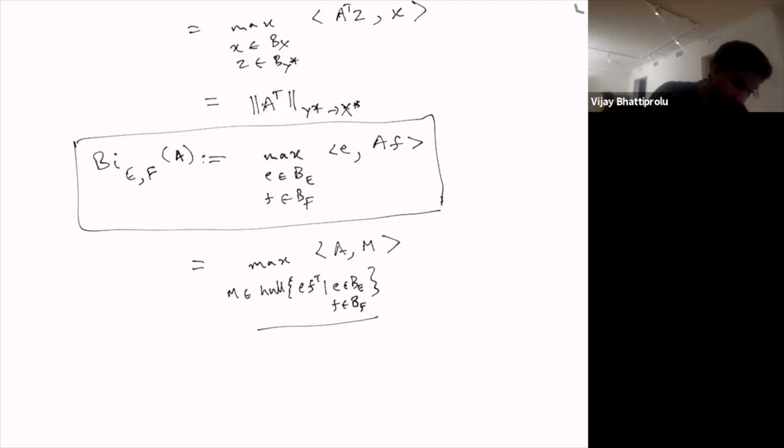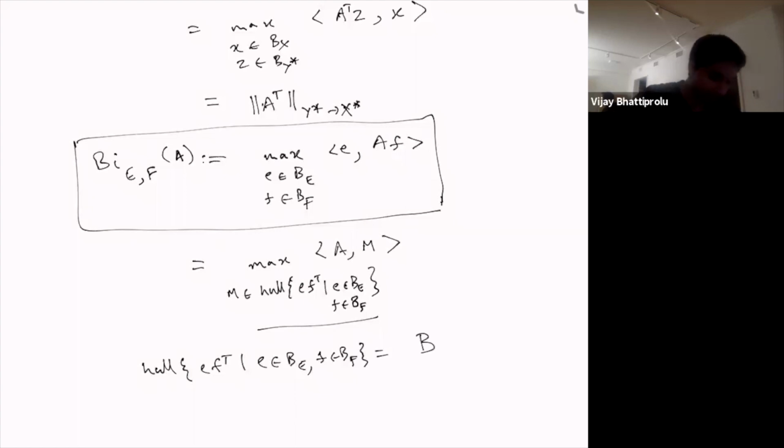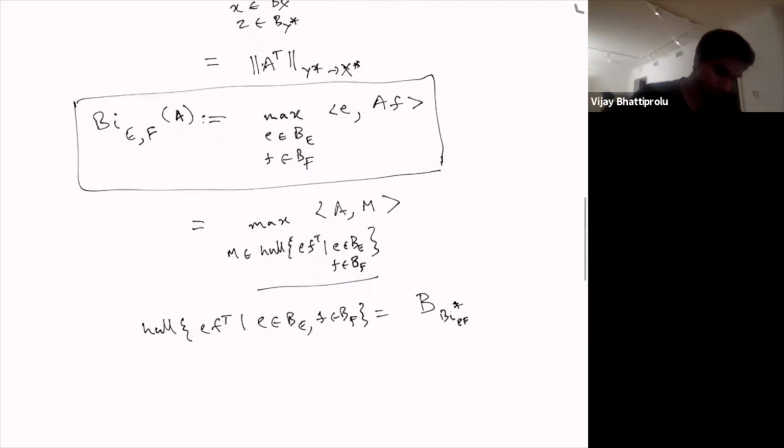So we have the hull of E F transpose such that E is in B_E and F is in B_F is equal to B of, I should give it some name, the bilinear maximization E F norm star. That is, it's the unit ball of the dual of that norm.